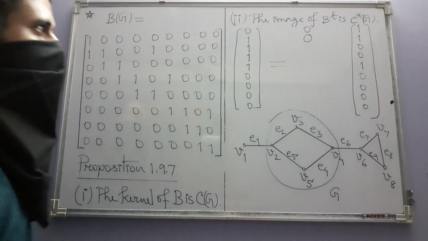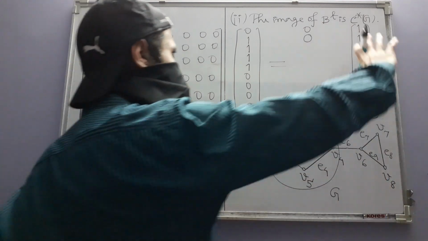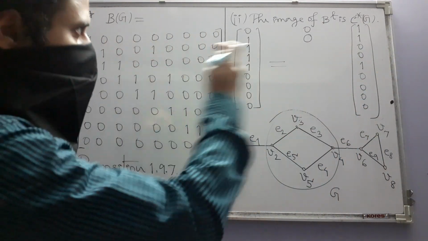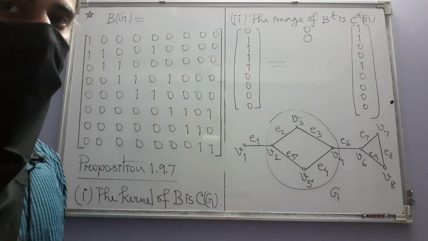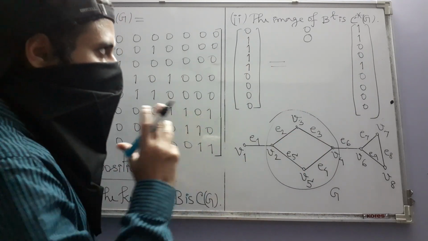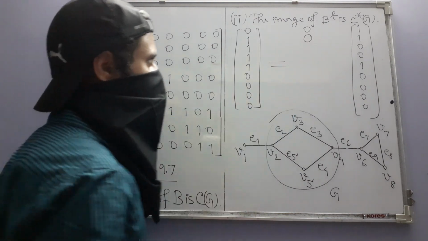Now, when you take the dot product of this as a row and this column, you are going to match the corresponding entries, multiply them, and then add the products. That is going to give you this entry.